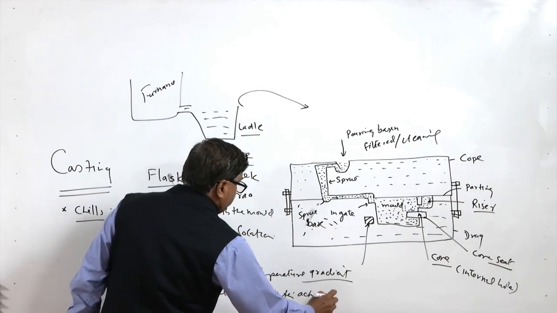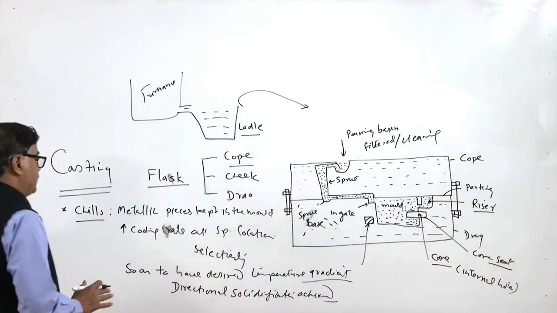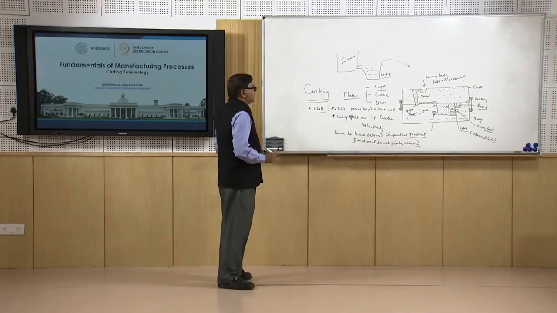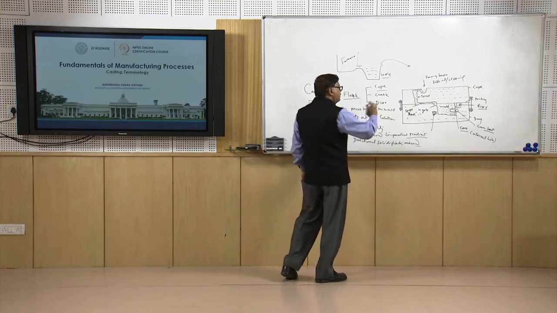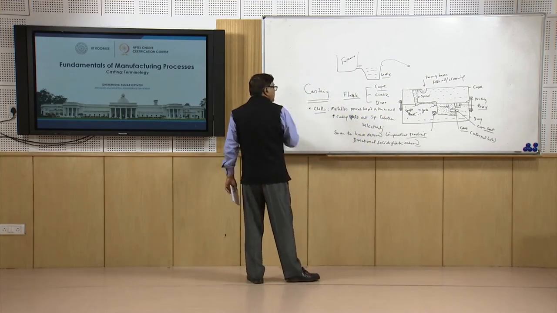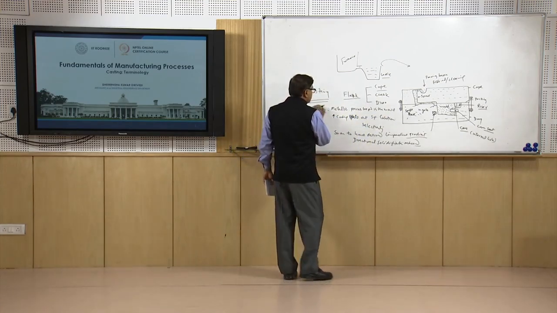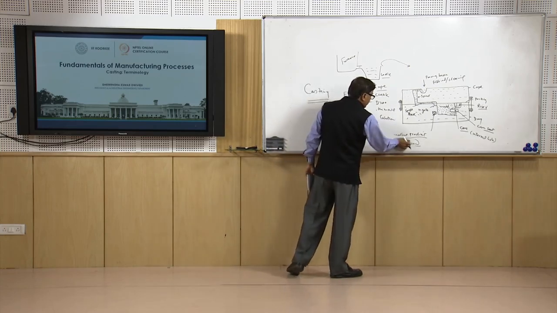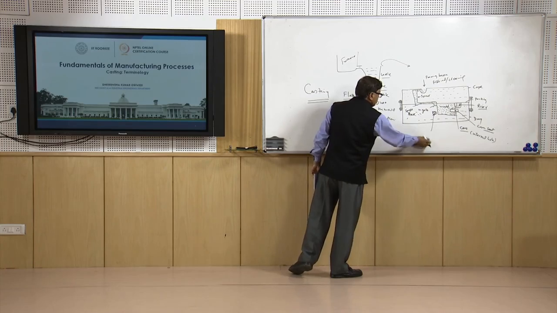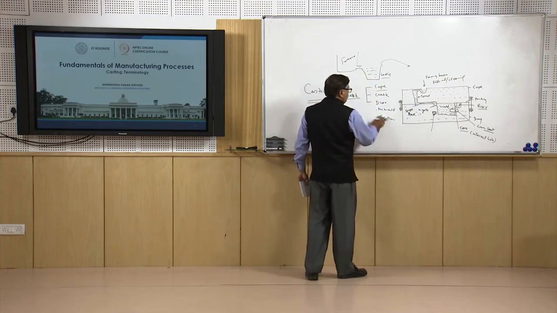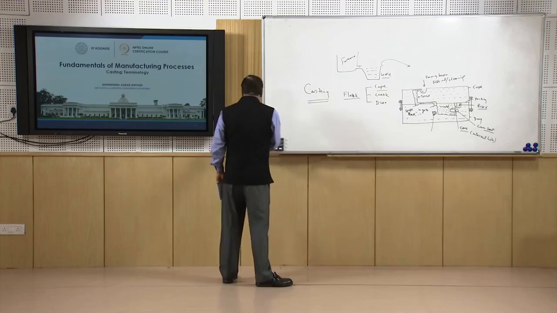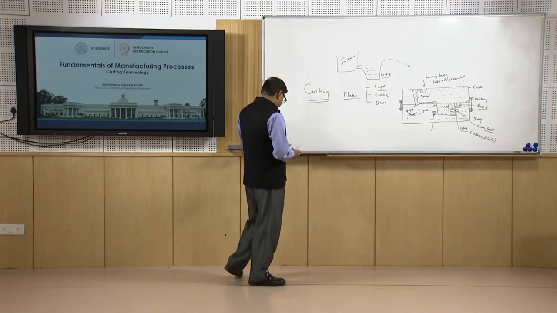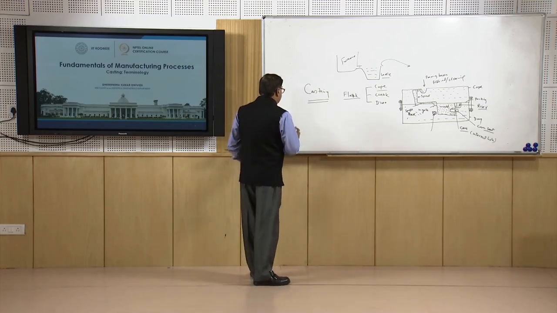So, this is primarily the purpose of using the chills. Chills are the metallic pieces and they will be placed suitably in such a way that directional solidification is achieved. These do not form part of the casting.